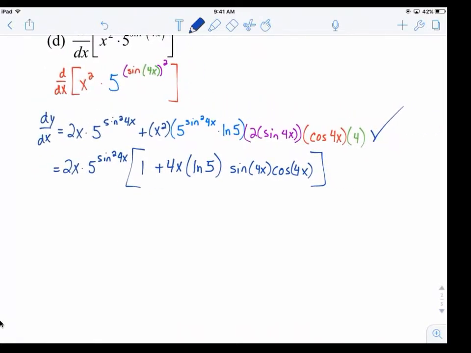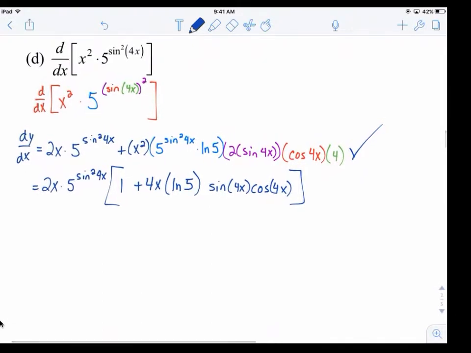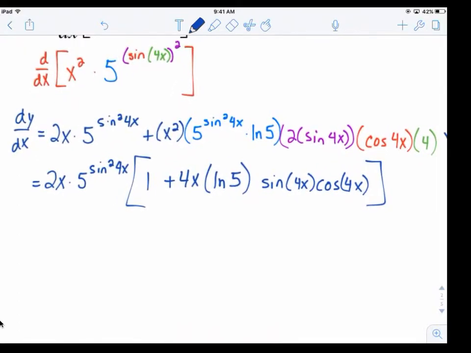There's more we can do with it. So, I took out a 2 and an x, so that's 1 less x, and I took out that 2.